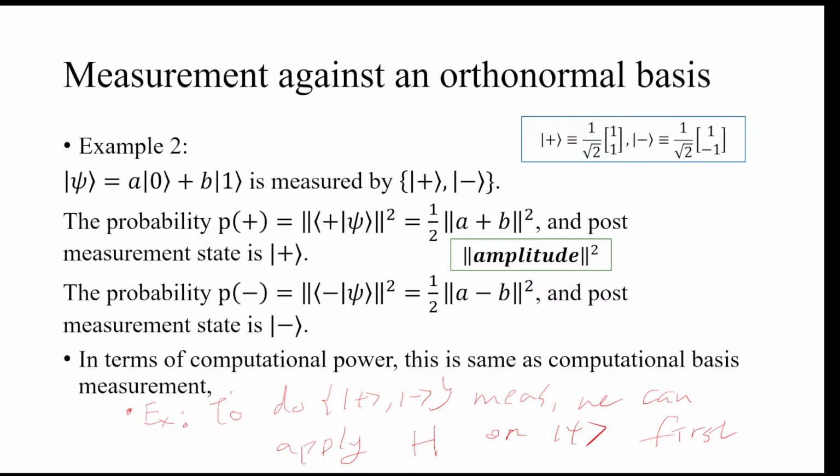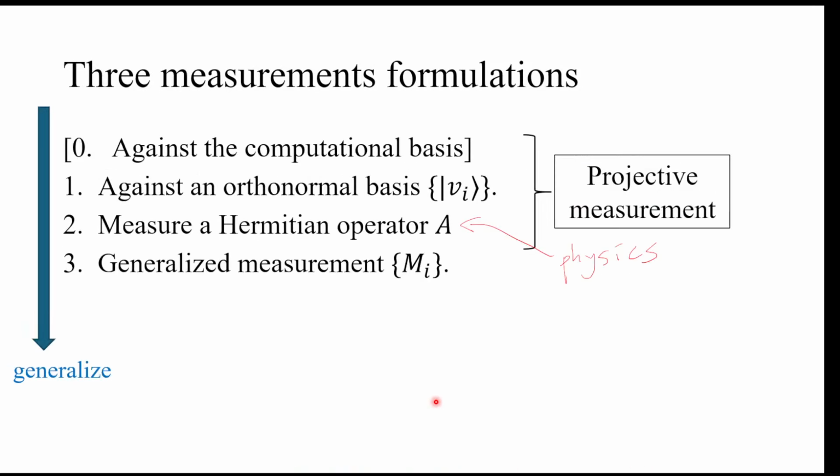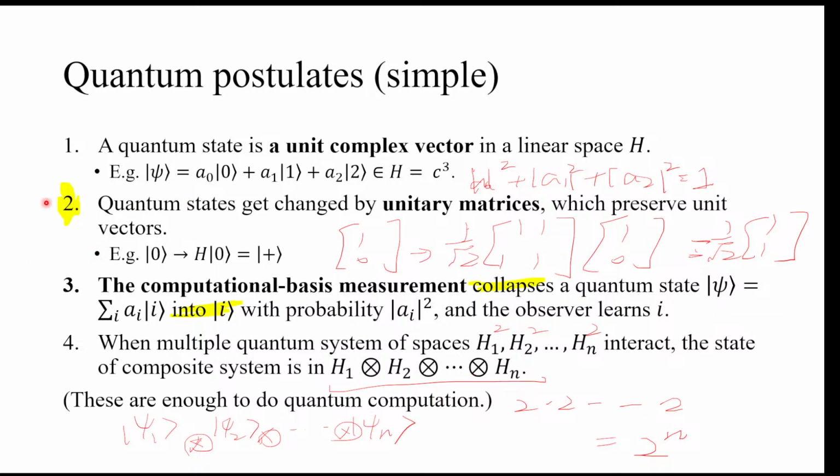Okay, and so this is really just a change of basis. Because in quantum computation we can do unitary operations to switch between any orthonormal bases, really you can do measurement in any basis by just doing computational basis measurement conjugated by unitary matrices.